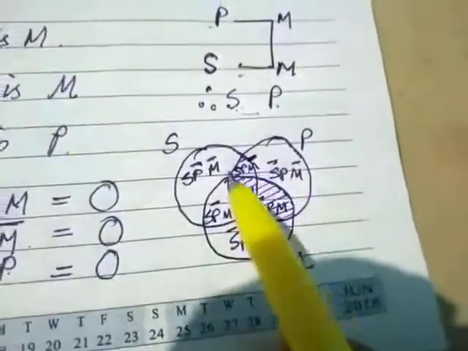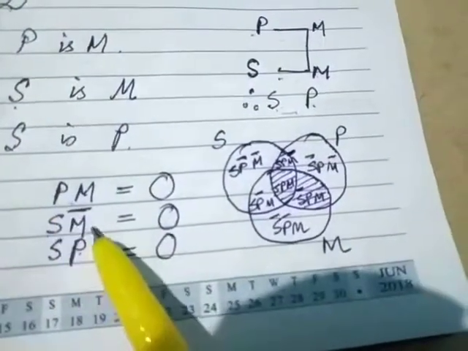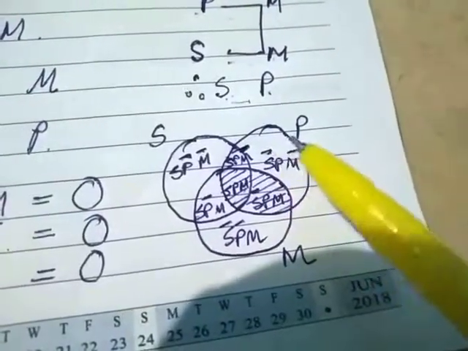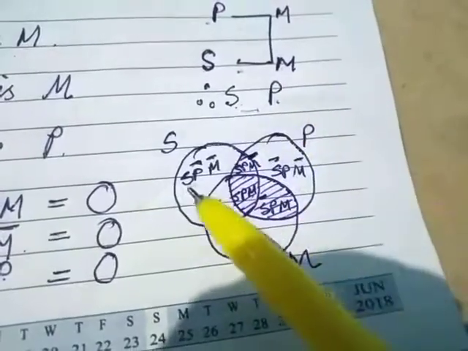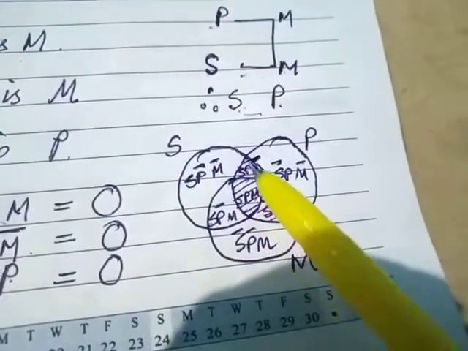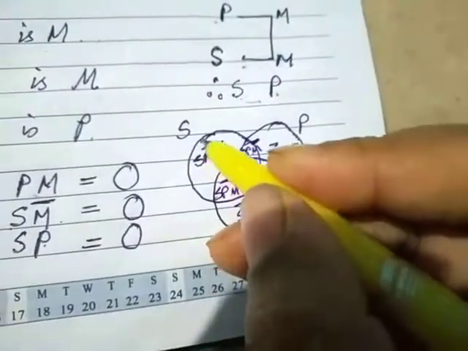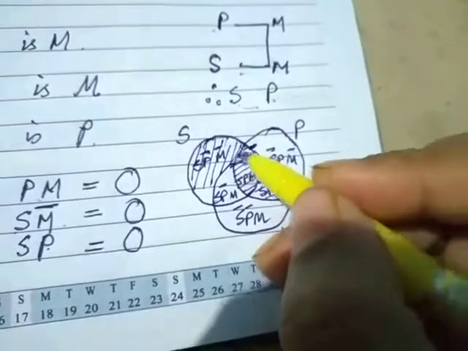You can see there is S M bar here and here. There is no bar on S, but there is bar on M. In other cases there is bar on S. But in these two cases, forget about P now, S M bar, and as it is equal to 0, I have to shade it again. Okay, so I have shaded.